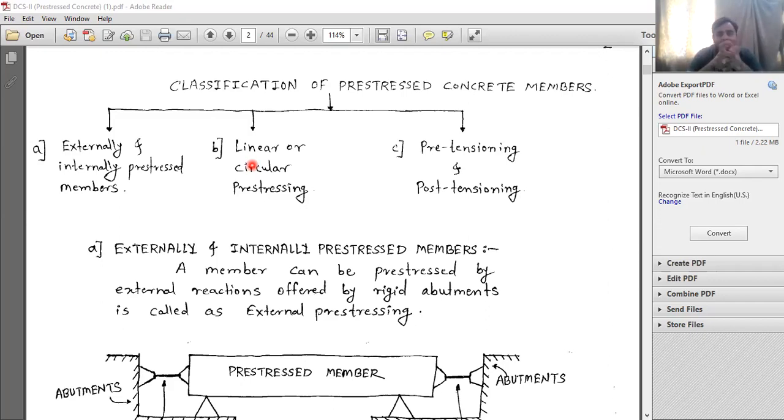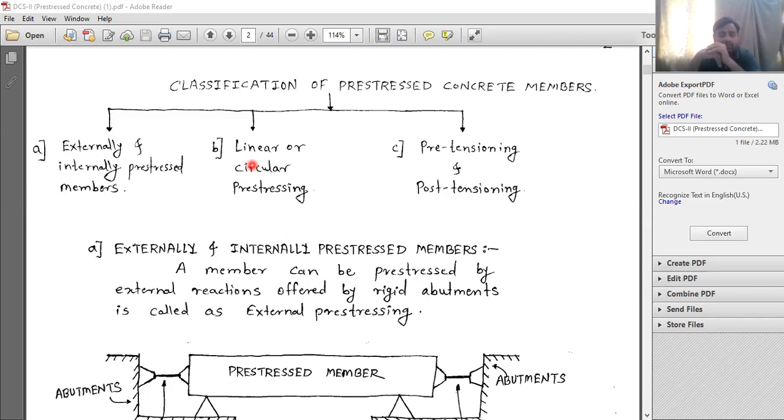Second is linear or circular prestressing. Linear prestressing means prestressing in a straight line. Circular means circular; you see the water tank. Prestressed water tanks are also there. Sometimes a circular structure or circular arch is there, and you can provide circular prestressing at that time.